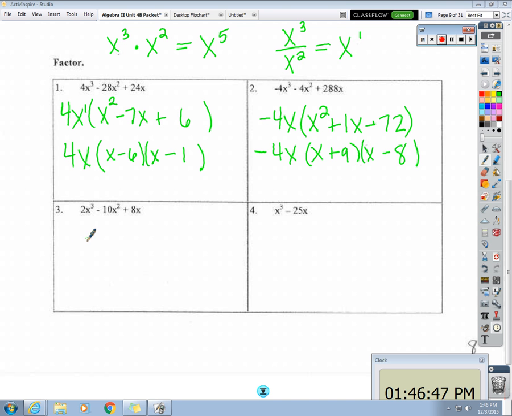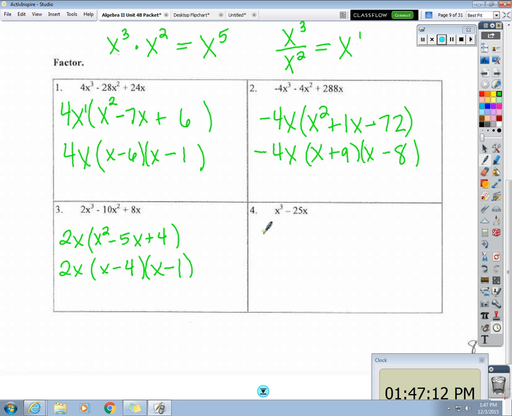Alright, what's the GCF? Okay, what does that leave? Okay, then we can factor that into what and what? Right, because they add up to negative 5 and multiply to positive 4.